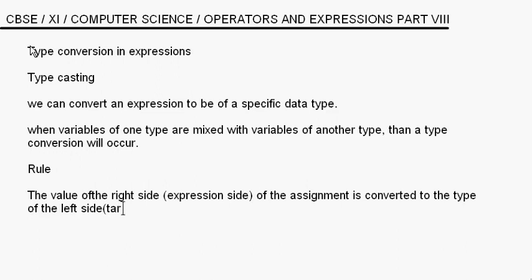Left side is the target variable. So if you have an expression like this, A is equal to B plus C, this is your target variable, left hand side, and this B plus C is the expression side.